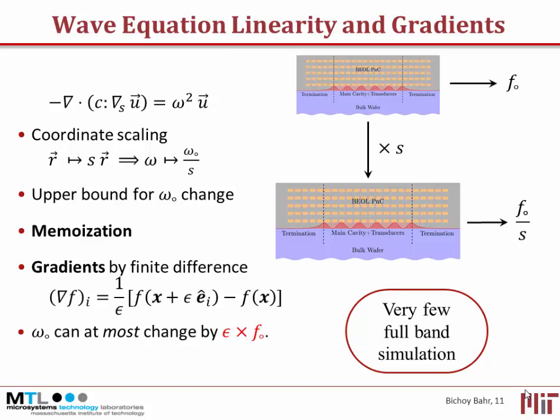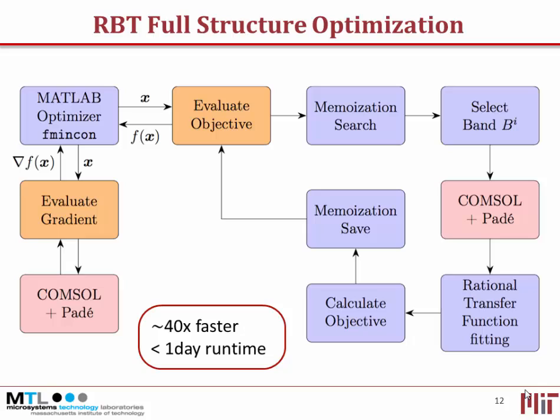So putting all of that together, this is how the complete optimization flow looks. We have an optimizer running in MATLAB based on the fmincon MATLAB function. It generates design points and asks to evaluate the objective function. Then we do the memoization search, checking all the previous simulations. We select the simulation band and then perform COMSOL simulation with Padé approximation, calculate the objective function, save the state, and then move on.